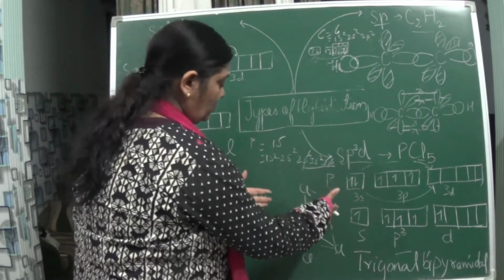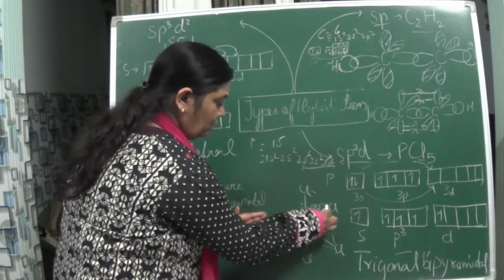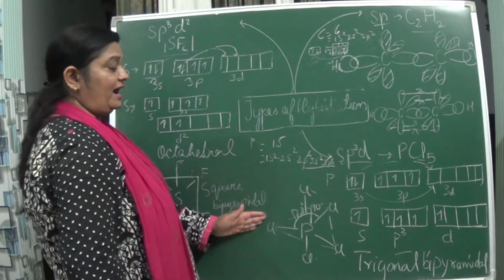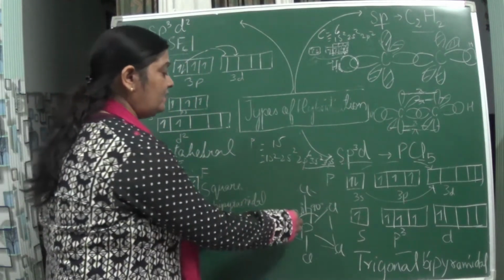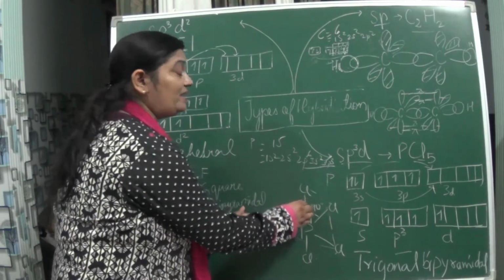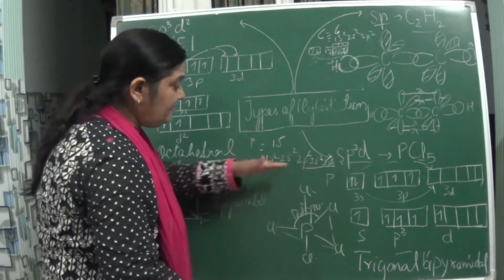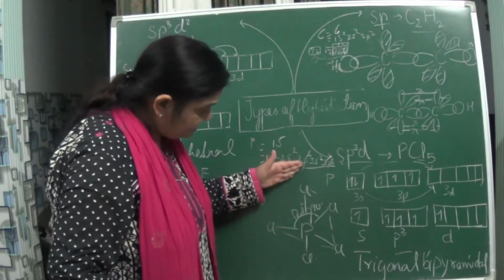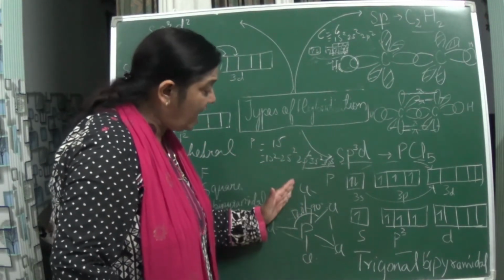First, with the 3 chlorine, phosphorus is making a trigonal structure, making an angle of 120 degrees. But the other 2 chlorine, you can see, are above and below, at a height naturally.